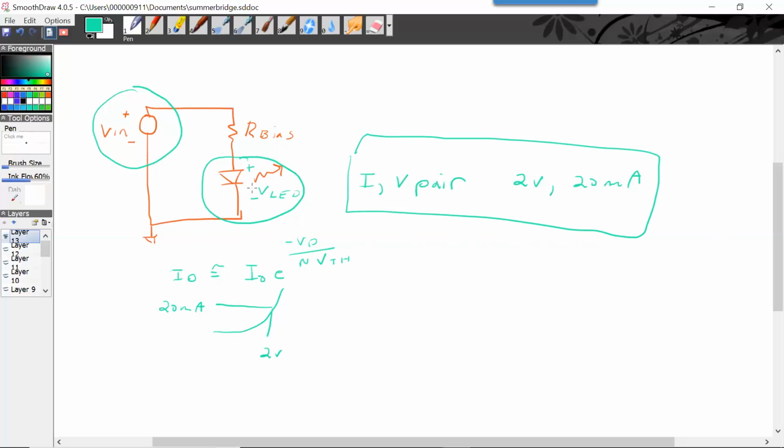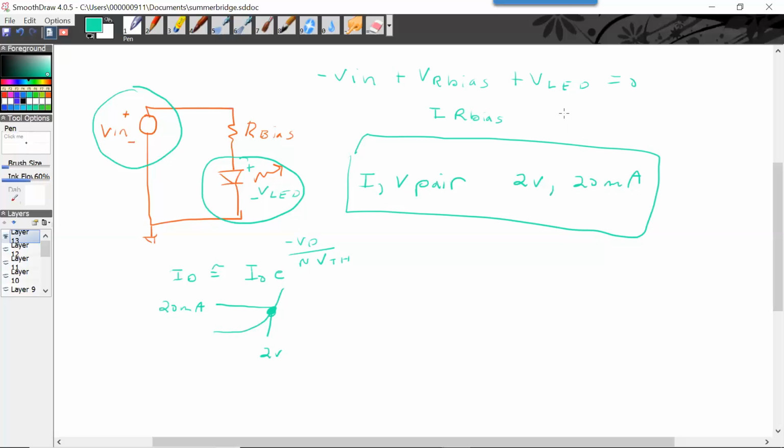But how do we make it so that we're on that curve, right? Well, let's use our mesh. So minus Vn plus V bias plus V LED. Now for Ohm's law, that's I times R bias.